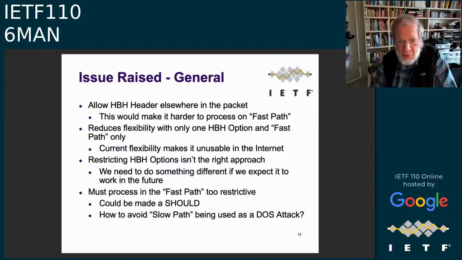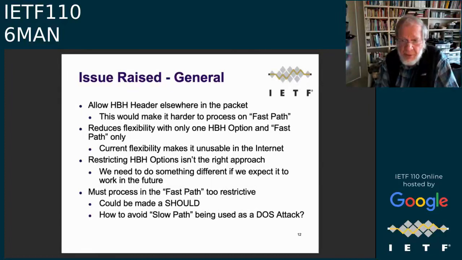There was a request: can we allow hop-by-hop options elsewhere in the packet? I think that's not a good idea. I think it would make it harder to process. I think the current IPv6 design of making them always be the first one is intended to make it easier. You don't have to look through the whole packet in the fast path to see if there's any there. I think that's a very good property, and I don't think we want to lose that.